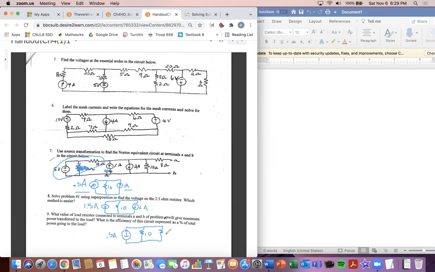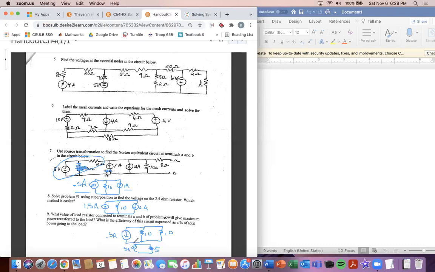Remember how if two resistors have the same value and they're in parallel, it's going to become an equivalent resistor that is half. And so this would be 5 ohms. And so then here we're going to have 0.5 amps, and then we're going to have 5 ohms.